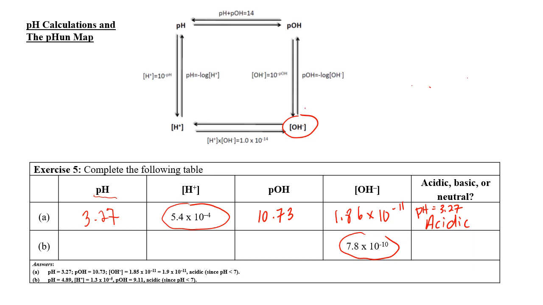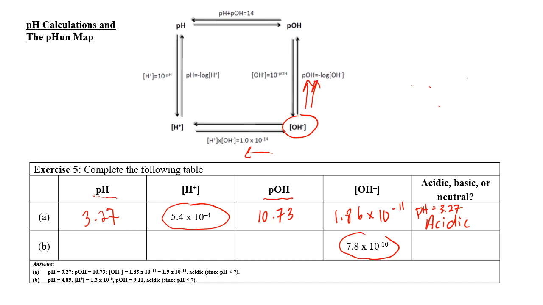We could first find the pOH, or we could find the H+. It doesn't matter which one you do first. They're both okay. So I'm going to take my hydroxide ion concentration and first find my pOH.